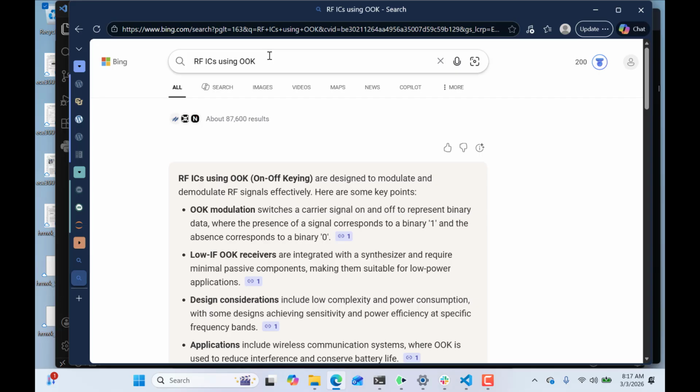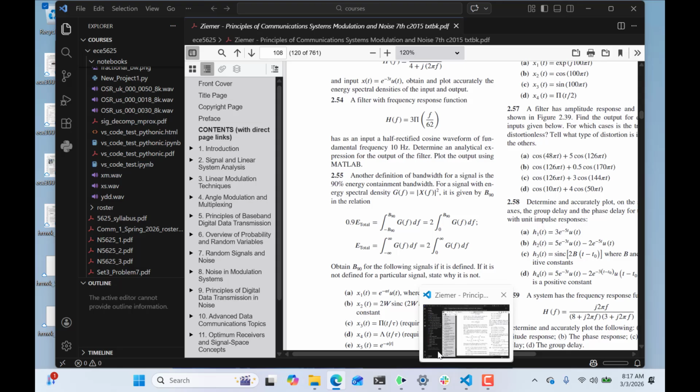I don't fly a drone or anything like that, but it could be used in a drone radio link. It could be used in any low-cost RF that's not Wi-Fi or Bluetooth, anything that's non-standard. It might be used in, like, my mouse here, it's a Logitech mouse, and there's a dongle on the side of my computer.